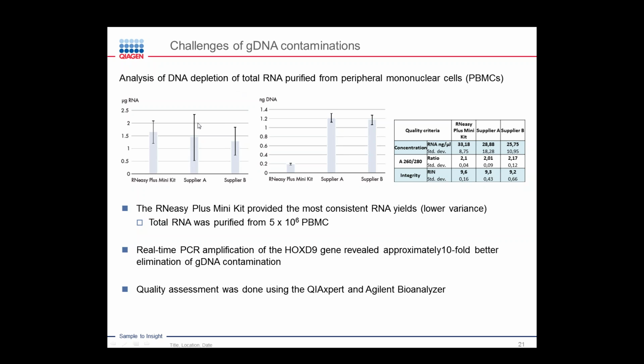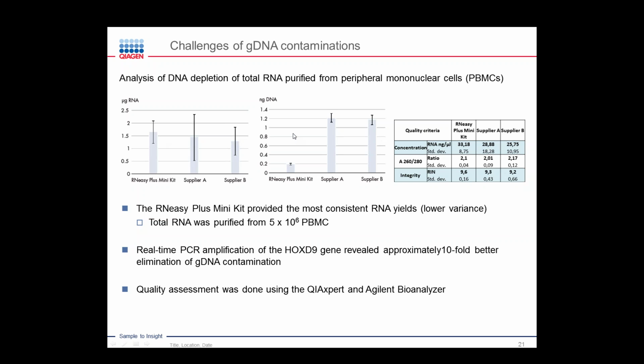In the left figure, you can see that the RNeasy Plus Mini kit provided the most consistent RNA yield with lower variances compared to both competitor kits, and also the higher yield. You can see this in this table here compared to the other competitors.